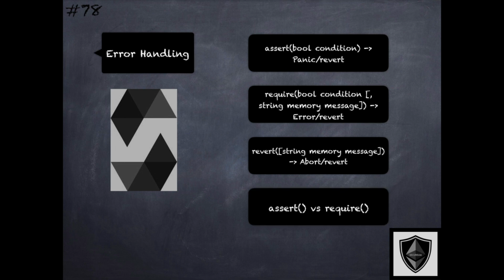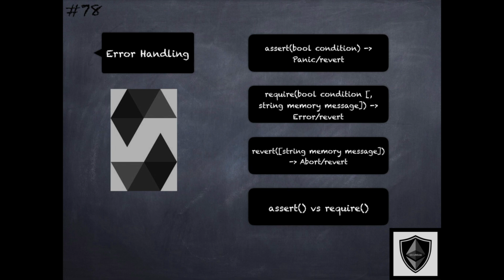And the thing to be kept in mind is the difference between assert and require. Asserts, to re-emphasize, are meant to be used for internal errors, conditions that are really meant to be true as program invariants throughout the execution of the smart contract.